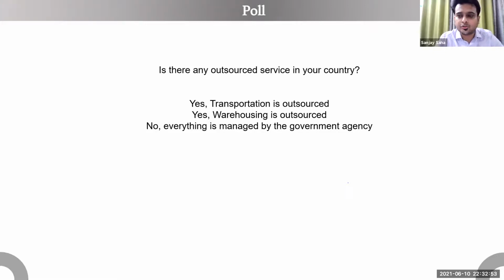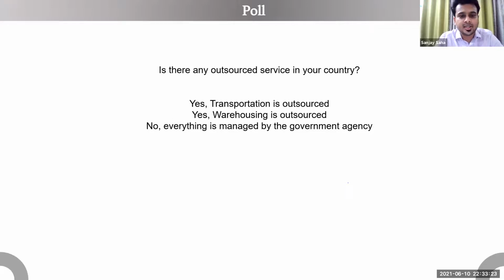Okay, 8 votes so far. So far, the majority of people are saying that transportation is outsourced.